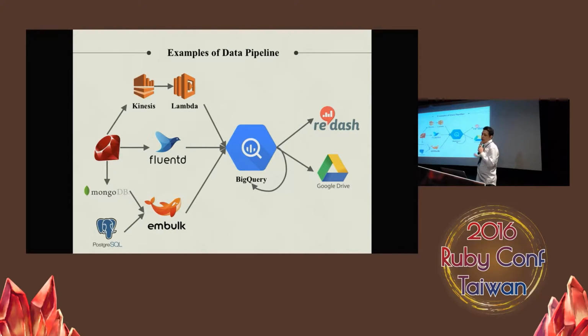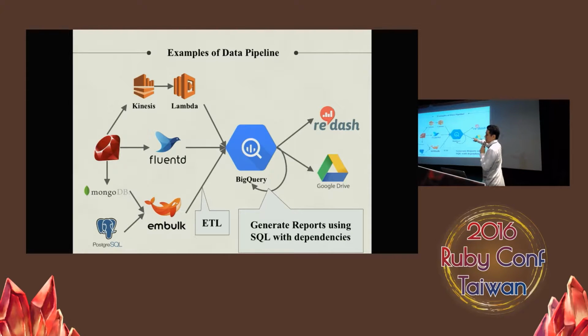So analysts use Redash as a dashboard tool and generate reports in Google Drive or BigQuery itself, and decide what to do next. So in this diagram, the data pipeline is here, the ETL process, and this BigQuery part is the summarized query sequence.